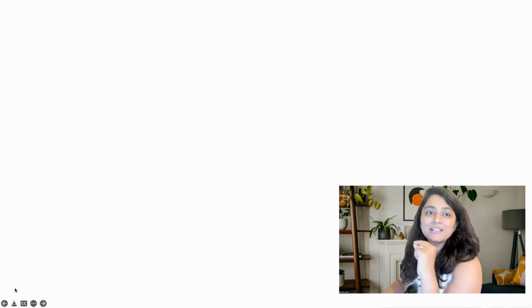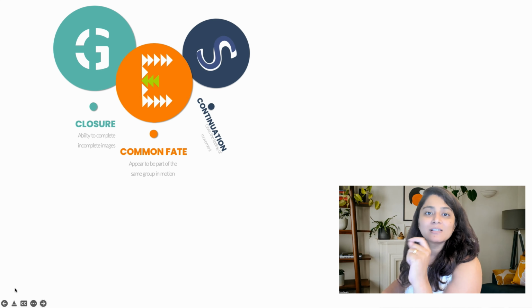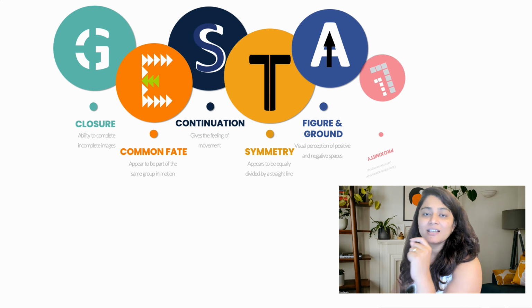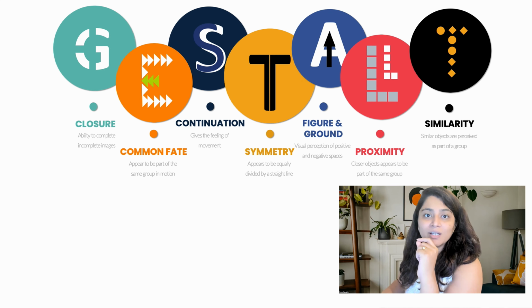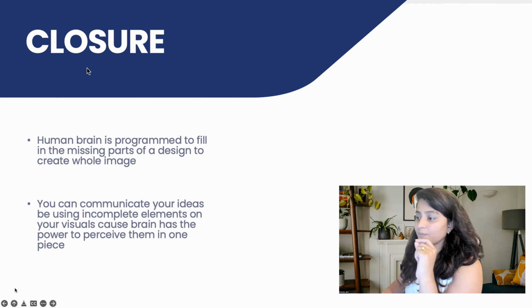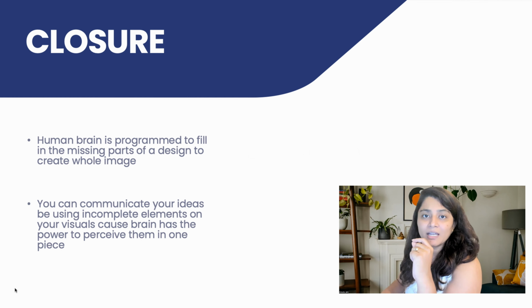I hope I am able to get your attention at least a little bit because this is as exciting as it can get. Let's talk about the 7 basic principles of Gestalt, and we'll start with the first one, which is closure. As the name suggests, closure, right?